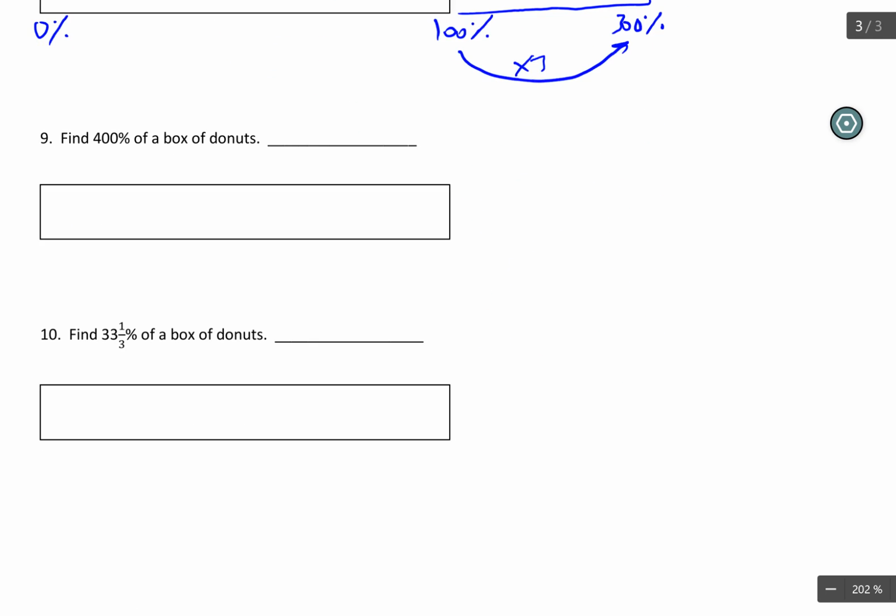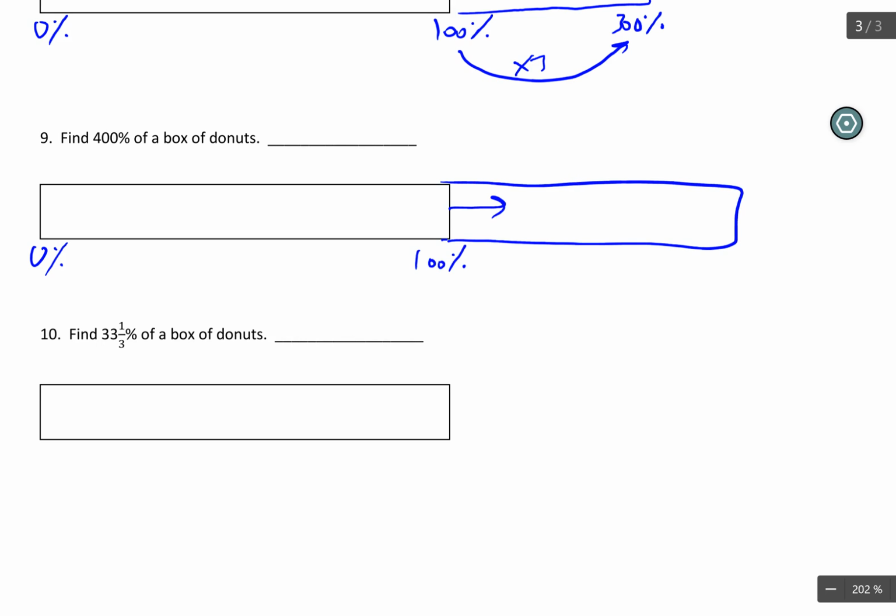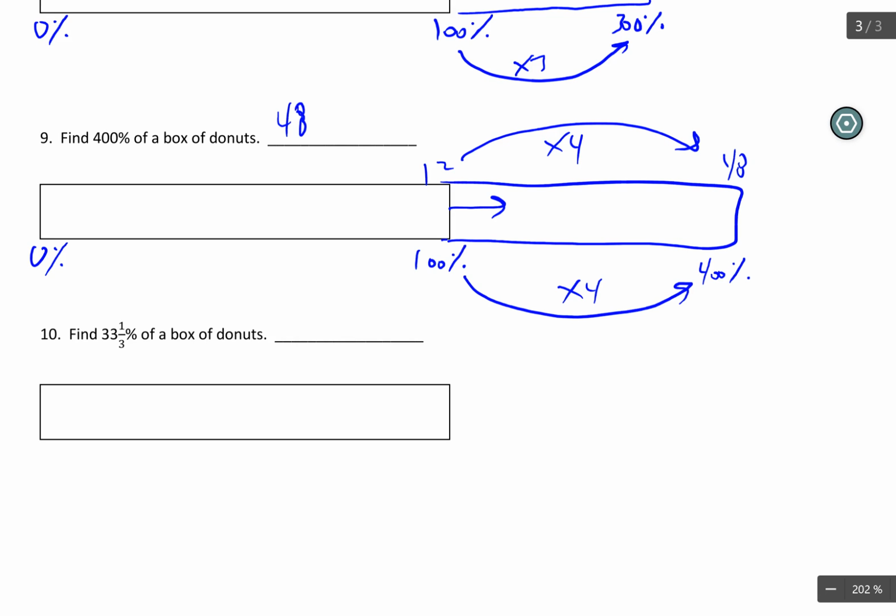Question 9, we're almost there. 400%. Increase to 400%. To get from 100 to 400, I'm multiplying by 4. This is 12 donuts. I have to multiply by 4. 12 times 4 is 48. So that's going to give me 48 donuts.